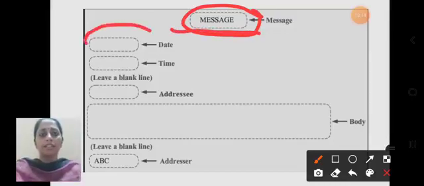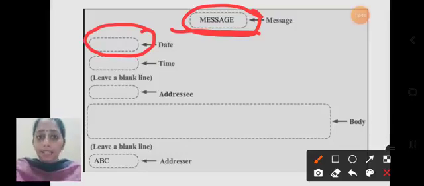On your left hand side, you write the date in expanded form. Don't leave a line after that. Just below the date, you will mention the time. So they'll come one below the other.